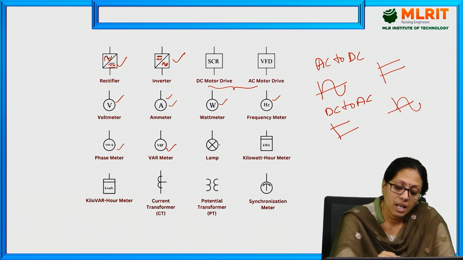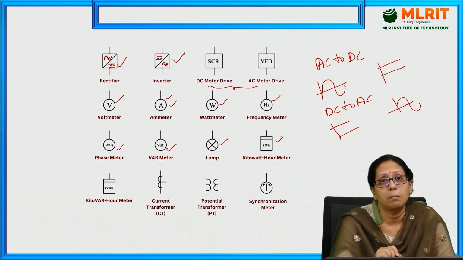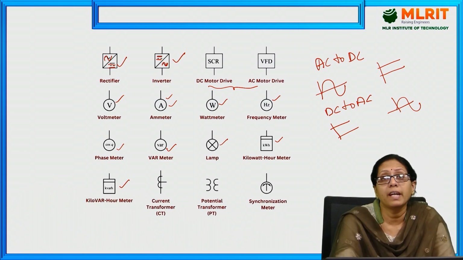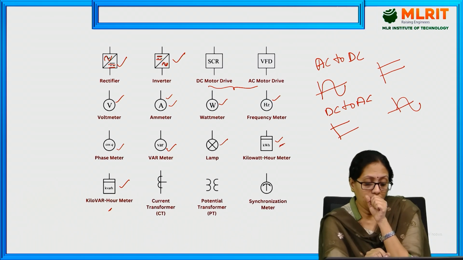Next one is lamp, symbol for lamp. This is the symbol of kilowatt hour meter and this is the symbol of kilo VAR, that is for reactive power. This is for active power.